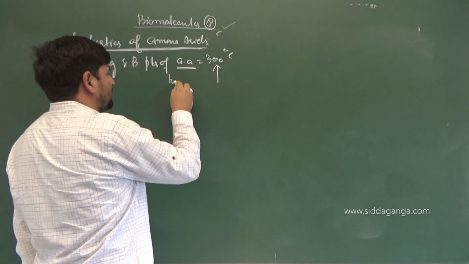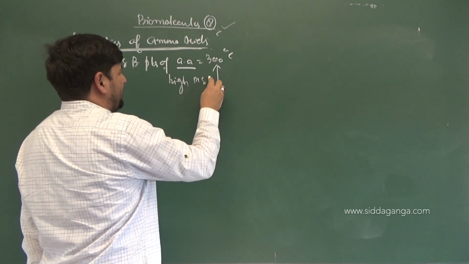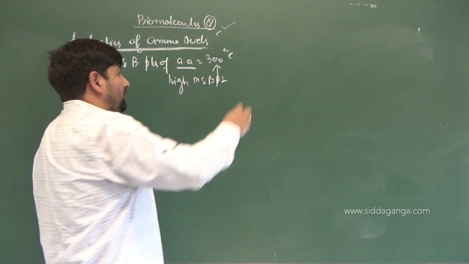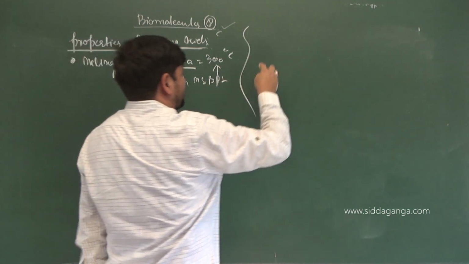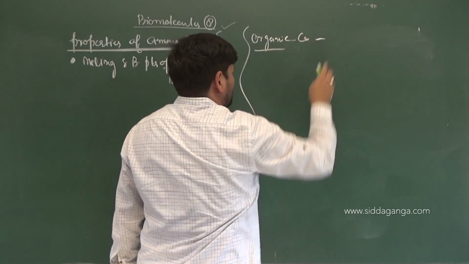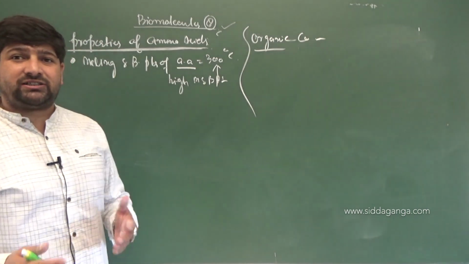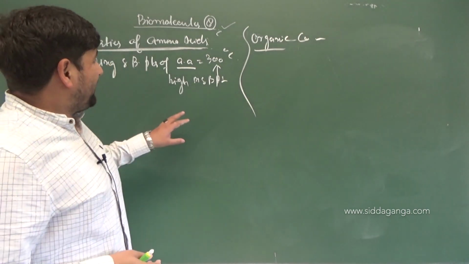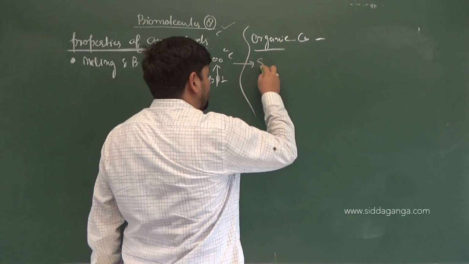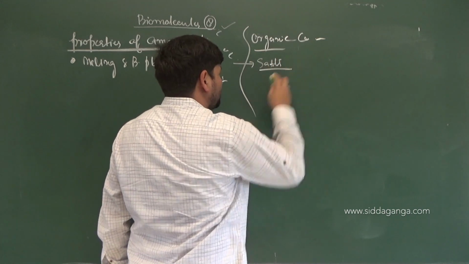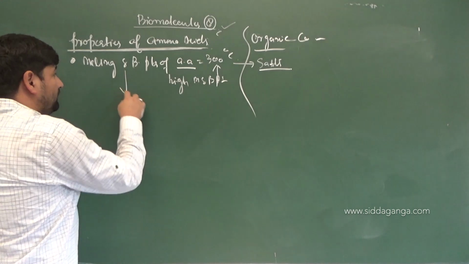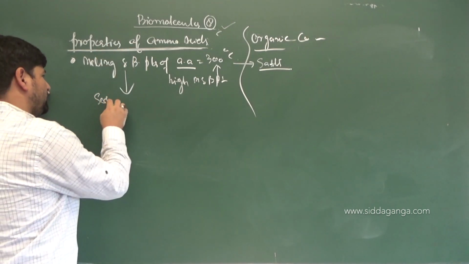So they have high melting and boiling points compared to organic compounds of the same molecular mass, which are usually found in the liquid or gaseous state at room temperature. These amino acids have high melting points, showing properties similar to salts, and are found in the solid state.